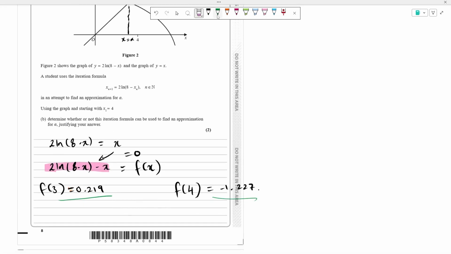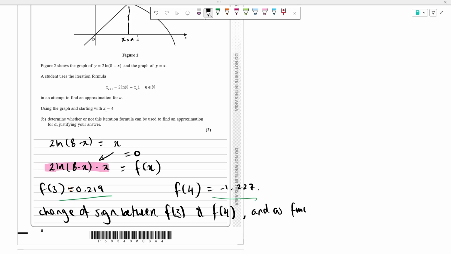But because we don't know, we can just say the solution will lie between, and we need to say this little statement as well. There's a change of sign between f of 3 and f of 4, and as the function is continuous.